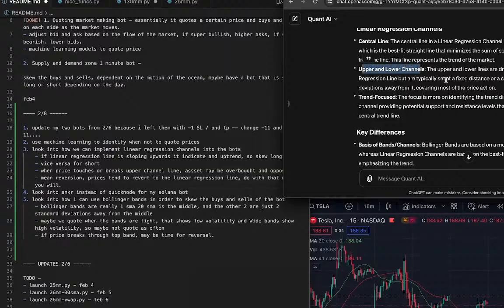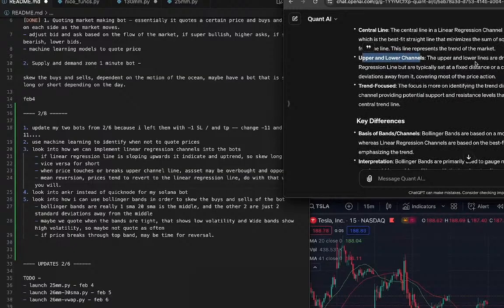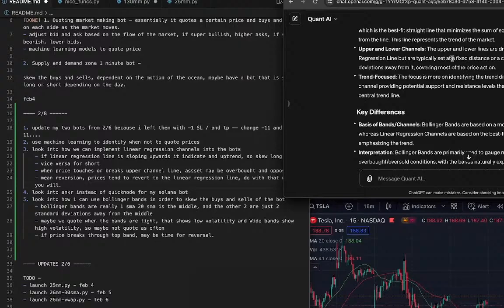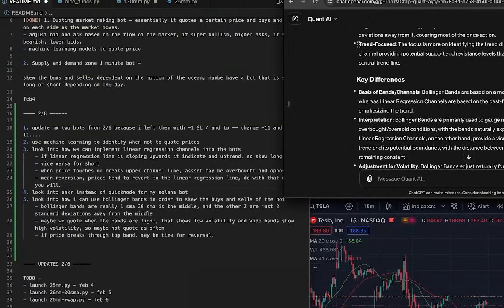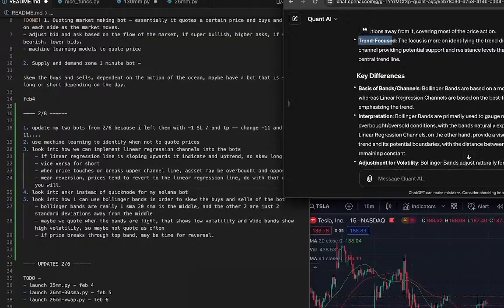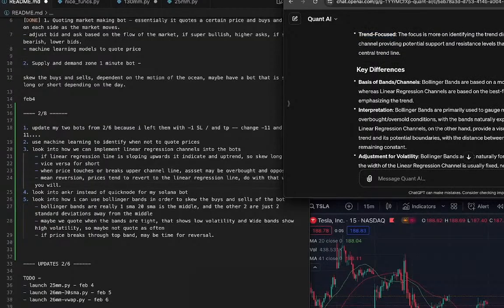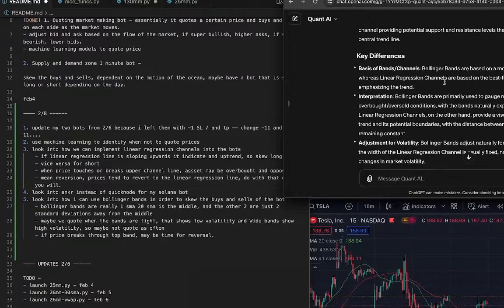Upper and lower channels: the upper and lower lines are drawn parallel to the linear regression line, but are typically set at a fixed distance or a certain number of standard deviations away from it, covering most of the price action. Trend: the focus is more on identifying the trend direction and strength, with the channel providing potential support and resistance levels that are equidistant from the central trend line.